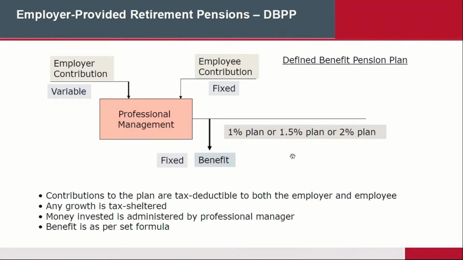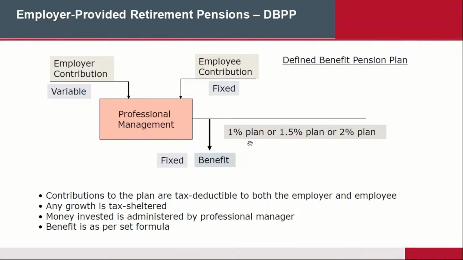So the normal retirement age is 65, okay? And so you could get 1% of the plan, 1.5% of the plan, 2% of the plan. In other words, it depends on the kind of plan that you've got. The main thing to remember about a defined benefit pension plan is that the employee knows how much money they're going to get at age 65.